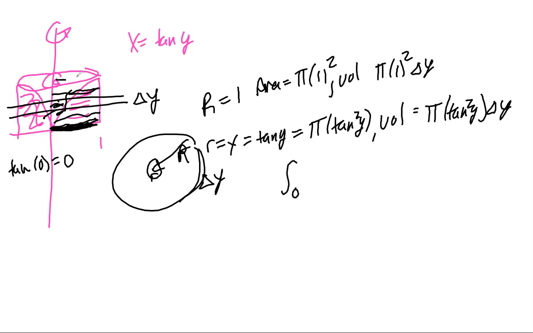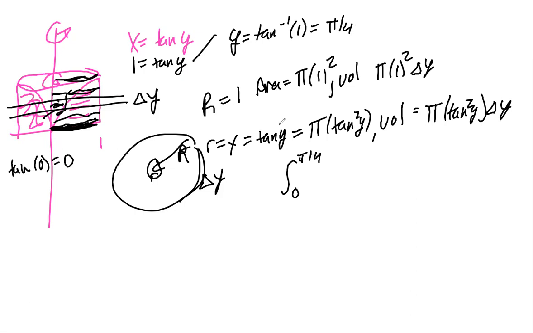To find this y value, we know it's where x equals 1, so if 1 equals tangent of y, to solve this, we'd have to say y equals tangent inverse of 1, which you're going to find out is pi over 4. So we have pi over 4 right there.